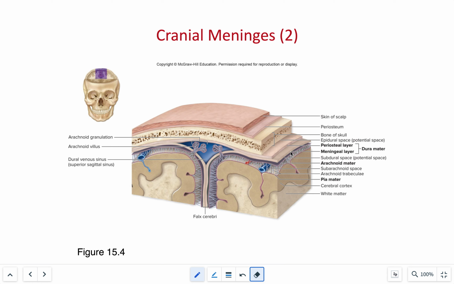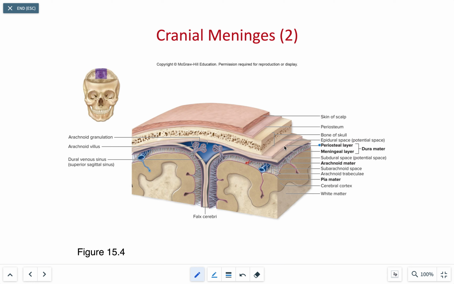It's deeper than the periosteal layer, and it's going to be closely associated with the arachnoid mater. And then the other layer that we have is the periosteal layer. It forms the periosteum on the inner surface of the cranium.